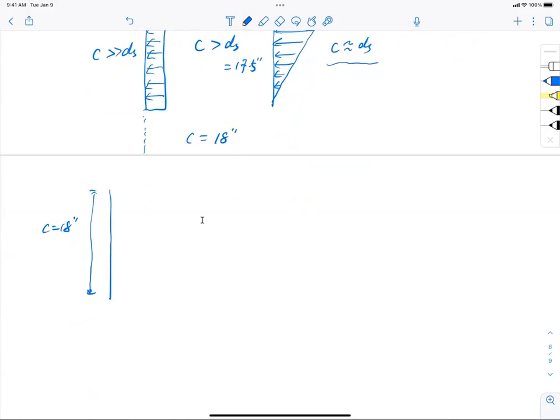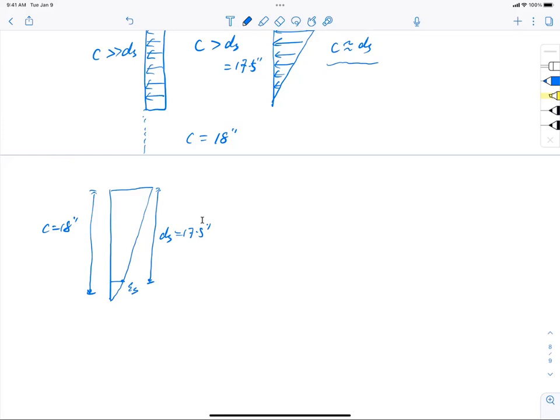That means I still have full compression. Knowing that, I can draw this: it's going to go along here, and this is 18, and then somewhere I have my 17.5, which is ds, right here, 17.5 inches. I'm putting ds out because this will be epsilon s, the tensile steel strain, and I know that the tensile steel strain is in compression as well.